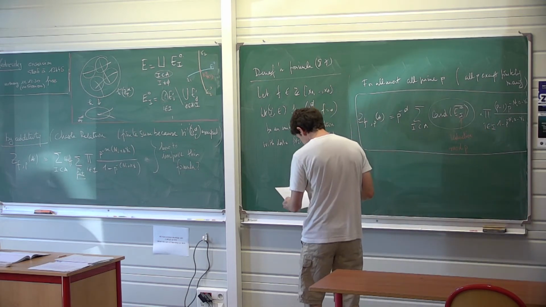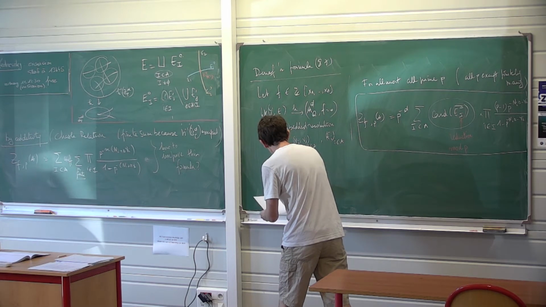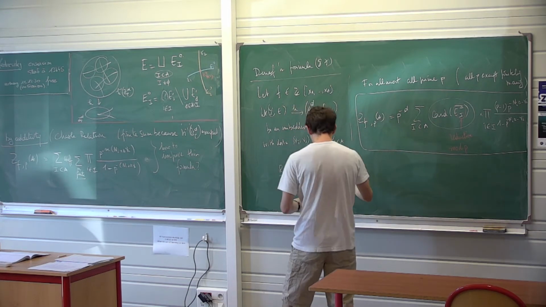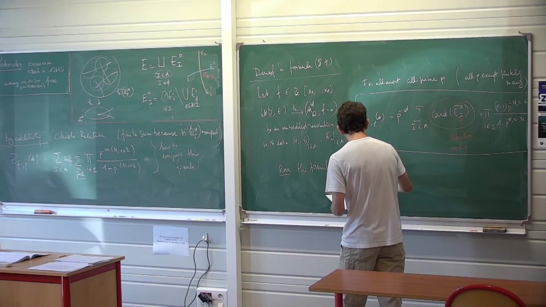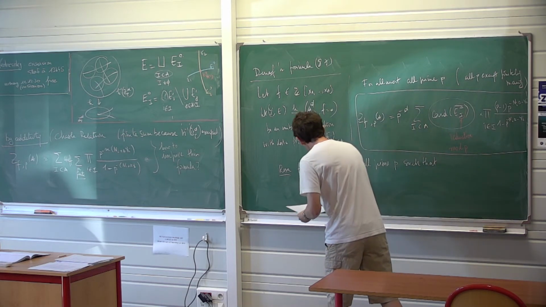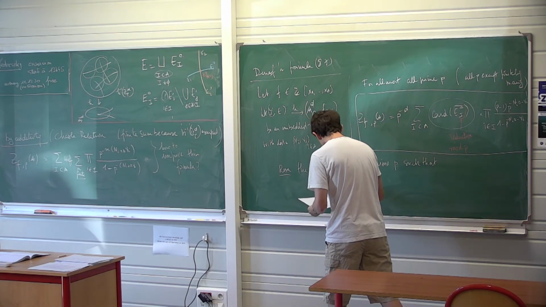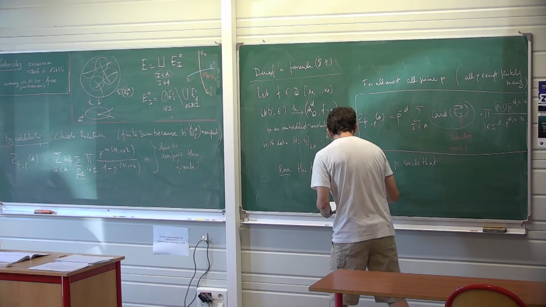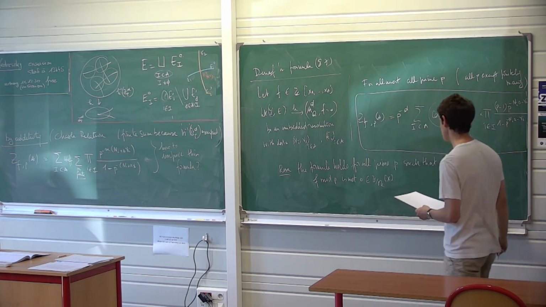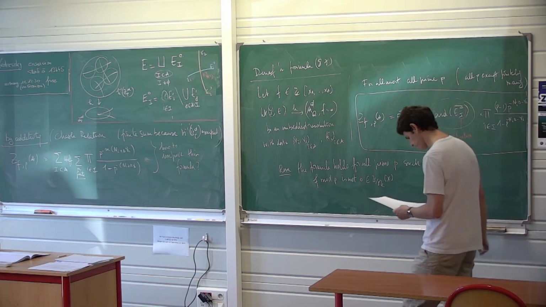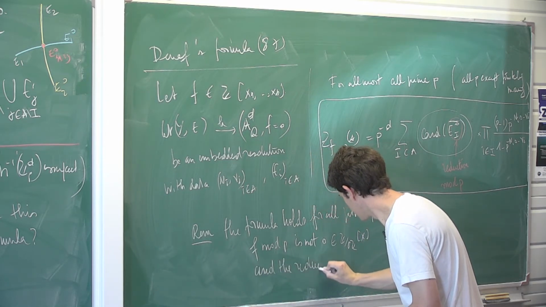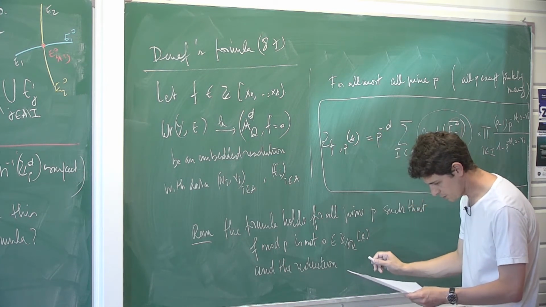So just a remark, and then we stop. The formula holds for all primes p such that the reduction mod p of f is not 0 in the ring of polynomial functions with F_p coefficients, and the reduction modulo p is good.